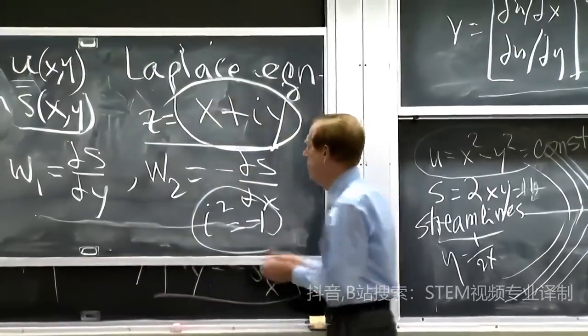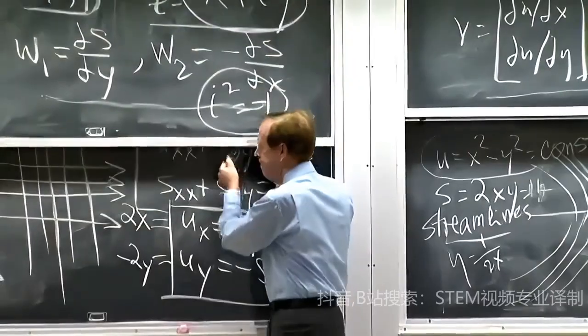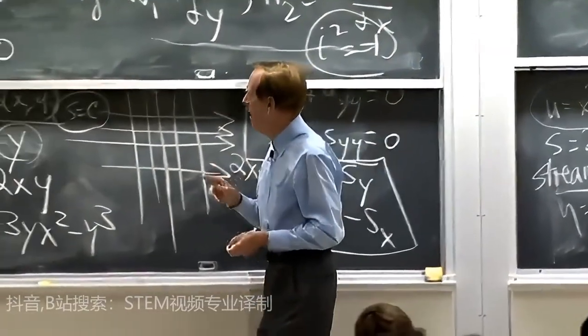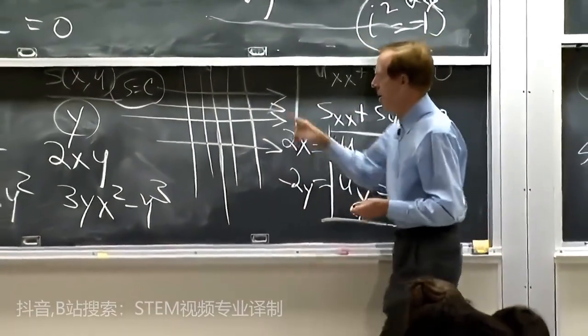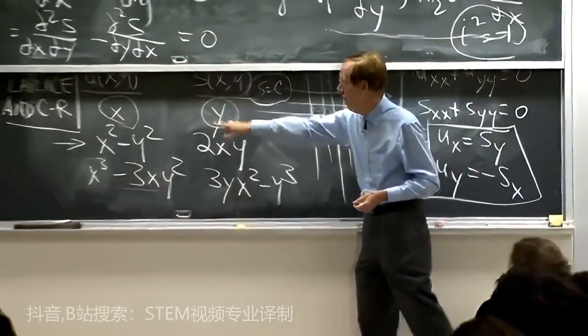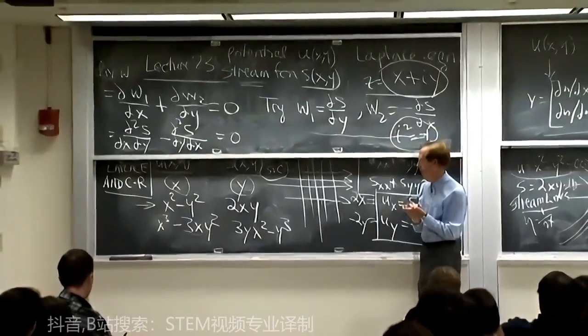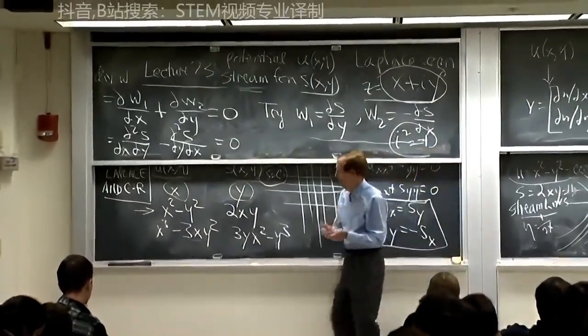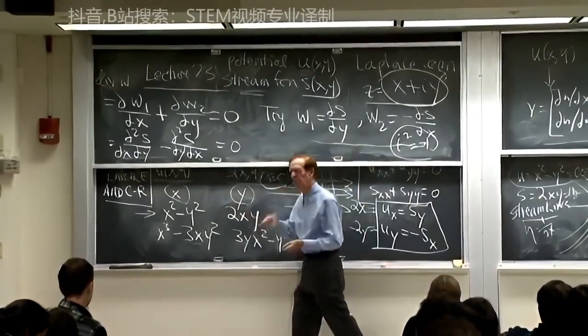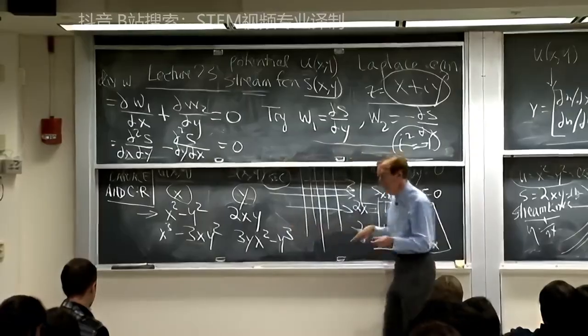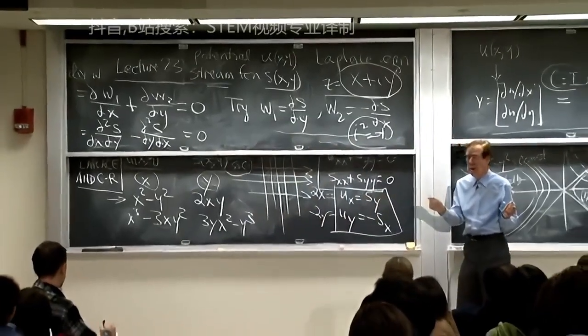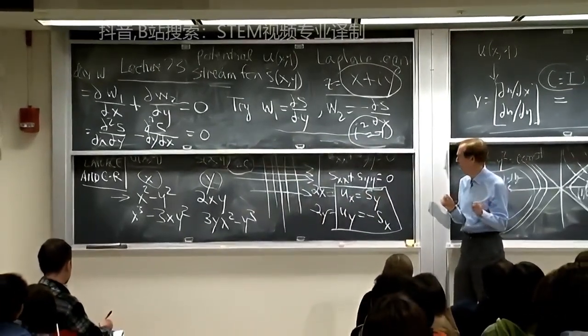And here's what I think. I think that these two pieces are the real and the imaginary parts of Z. Now, these two pieces are the real and the imaginary parts of Z squared.